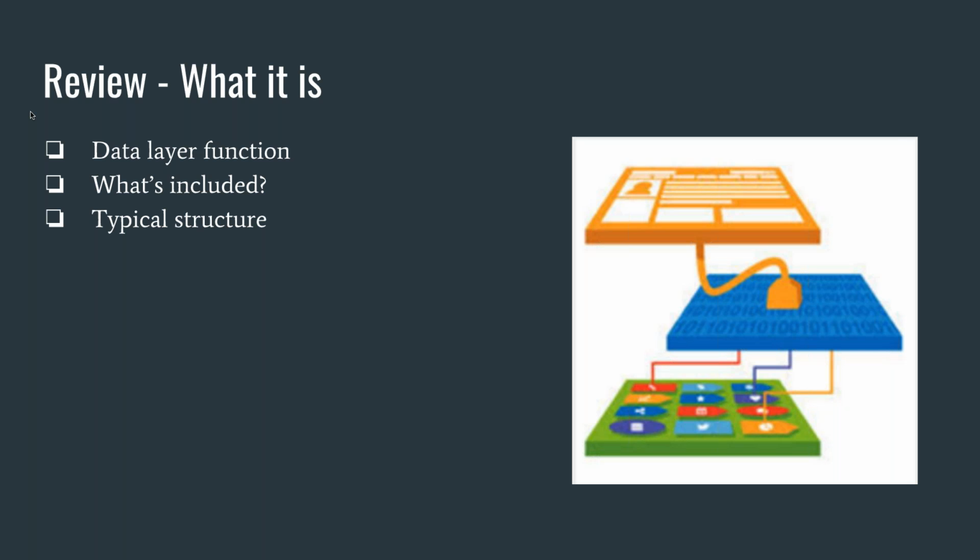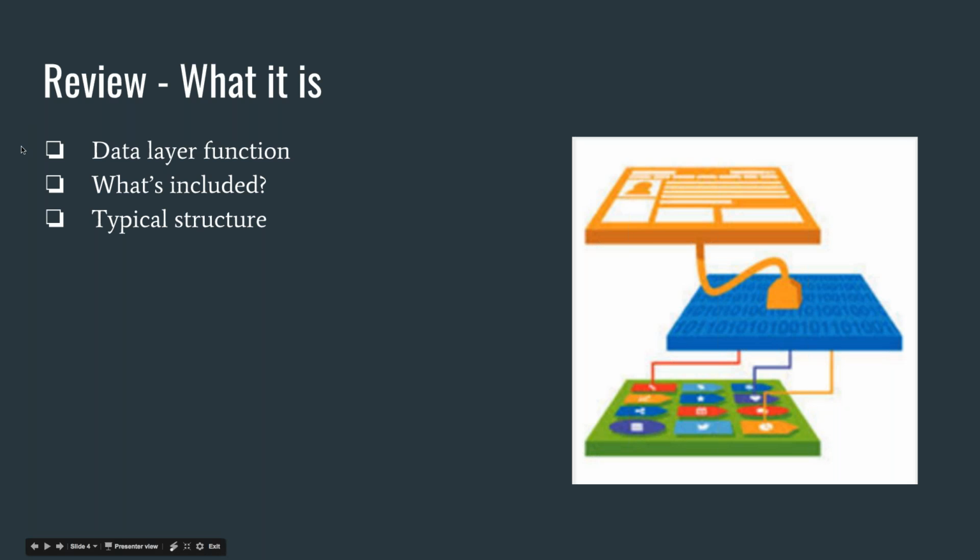So it might be product information, price information, page or user information in one central place that can then be referenced by all tags loading within a tag management system, for example. So what it allows you to do is have one central place for all the different data points or metrics that you need to be collected for different third-party platforms. It makes it tidy and much easier when it comes to implementation and cleaner data collection.